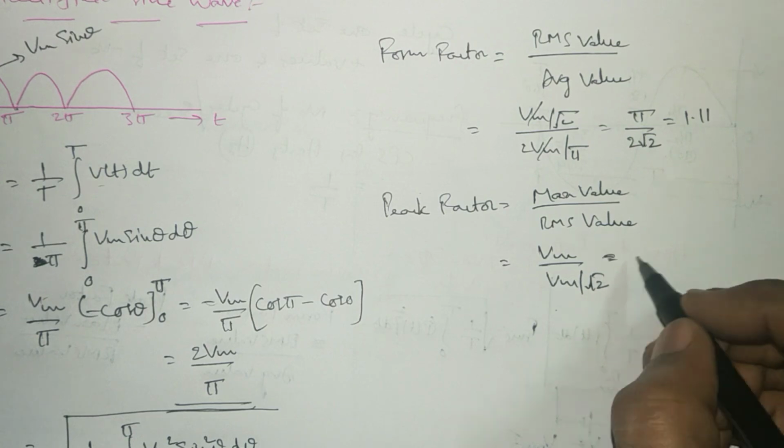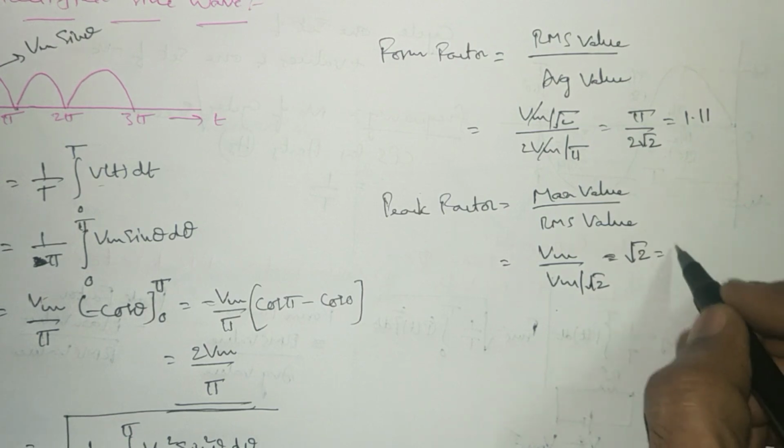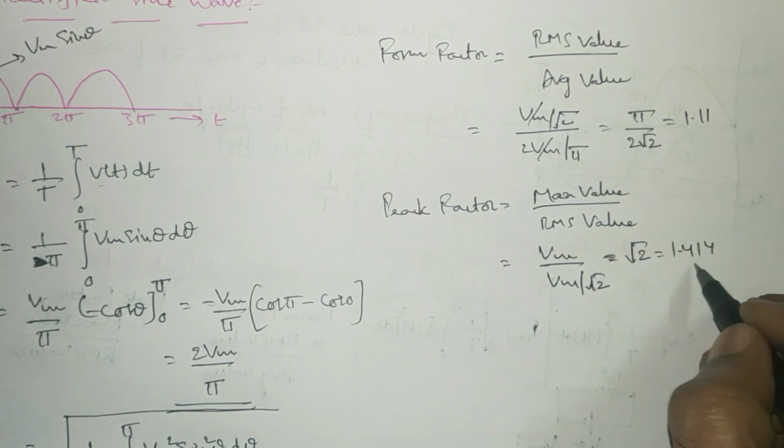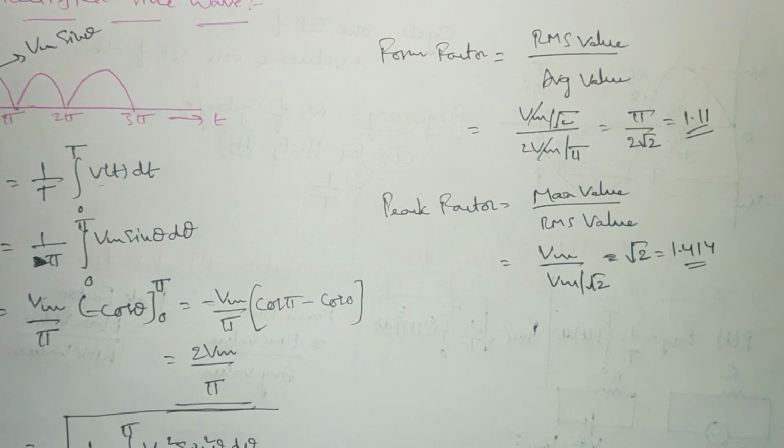So this is equal to root 2, which is 1.414. Like that, you can evaluate the form factor and peak factor for any given alternating waveform. Simply we have to find out the RMS value and average value.